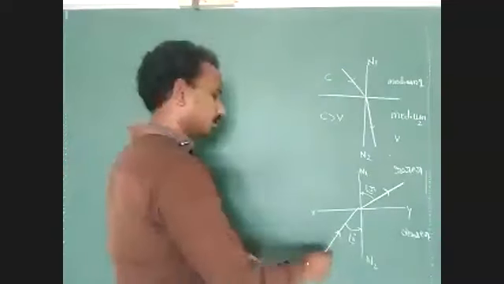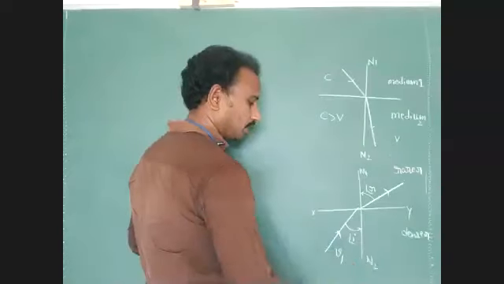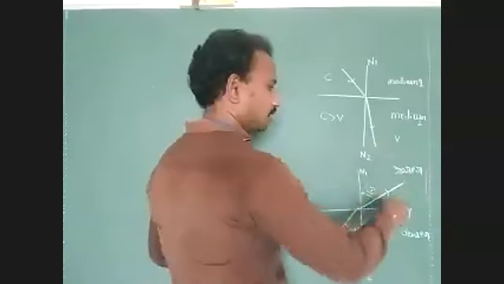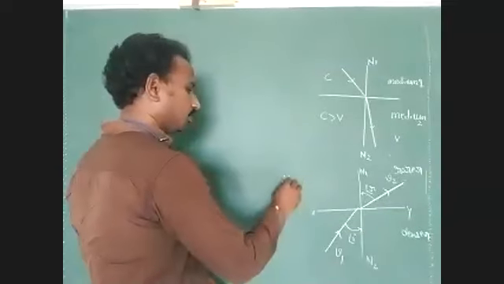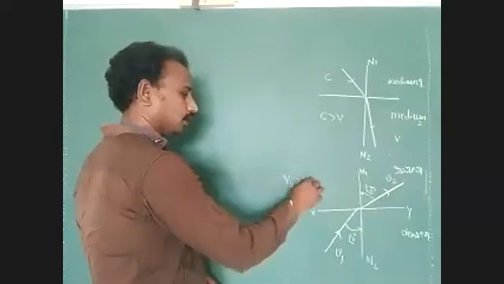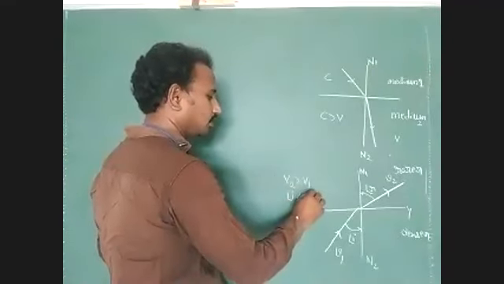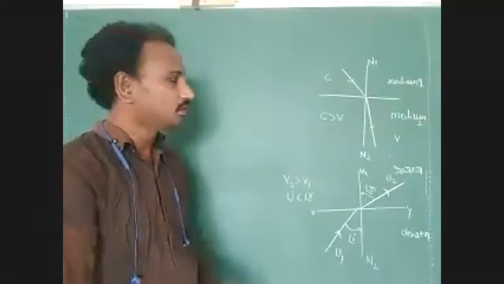Here we consider the speed of light in the water medium as V1, and the speed of light in the rarer medium, air, as V2. Here V2 is greater than V1. The angle of incidence is less than the angle of refraction.